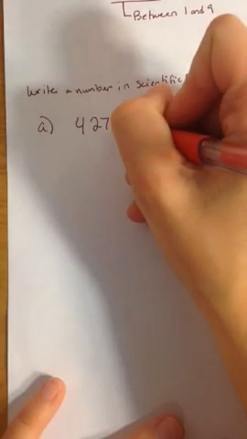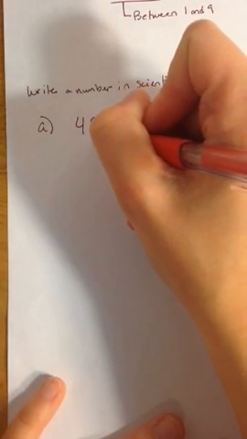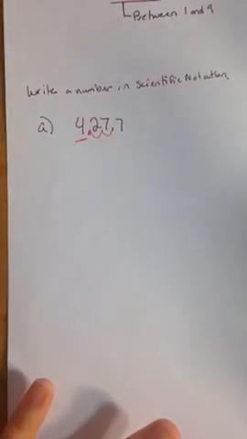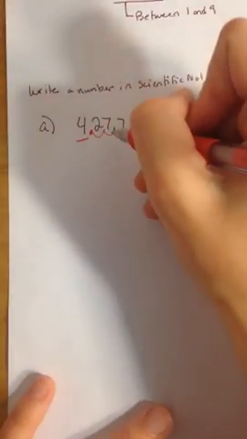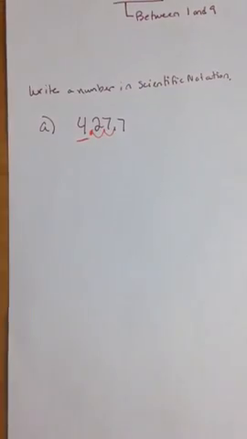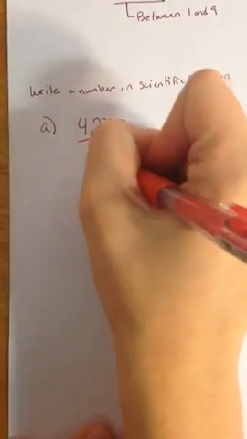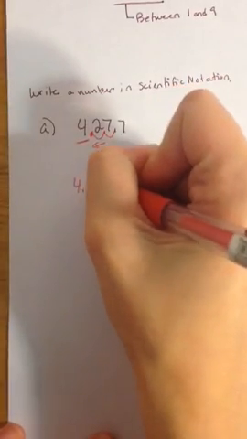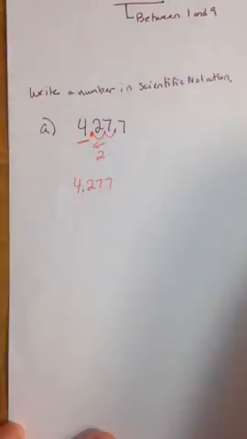One way to do it is I can think, okay, I want to move my decimal so that the number in front, which would be 4, is between 1 and 9. If I move it 1 decimal, that's 42. Another decimal, that's 4. So I want it between 1 and 9, so I definitely have to move my decimal place this direction 2 places. So I'm rewriting that as 4.277.